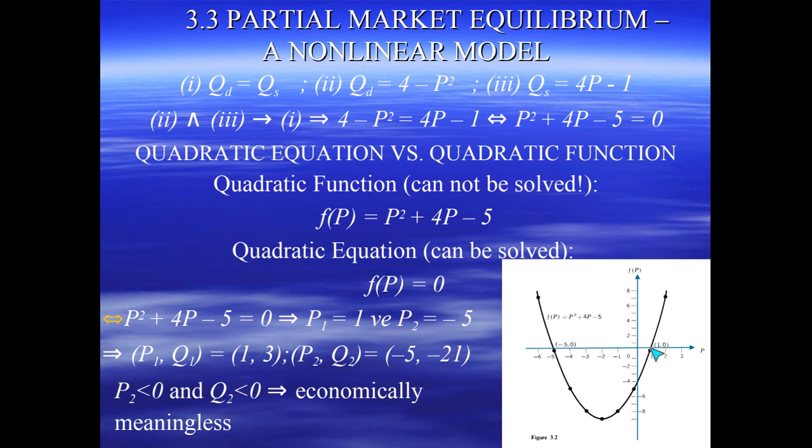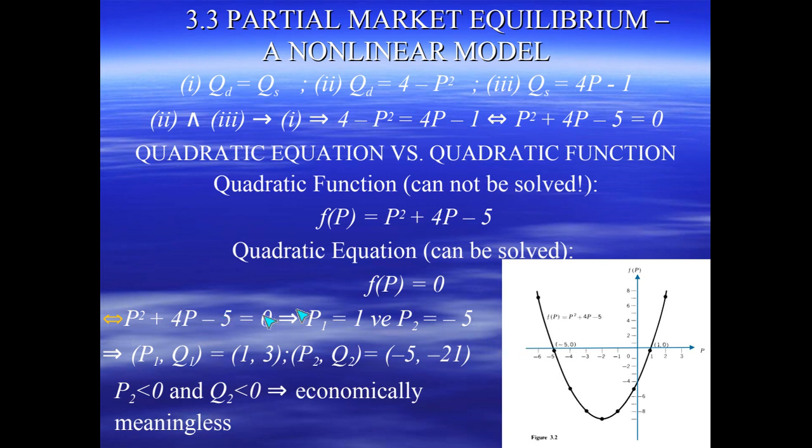So for P equals 1, f(P) equals 0, and for P equals minus 5, f(P) equals 0. But depicting is not always easy, and it's not a practical method, so we need a general method for solution.